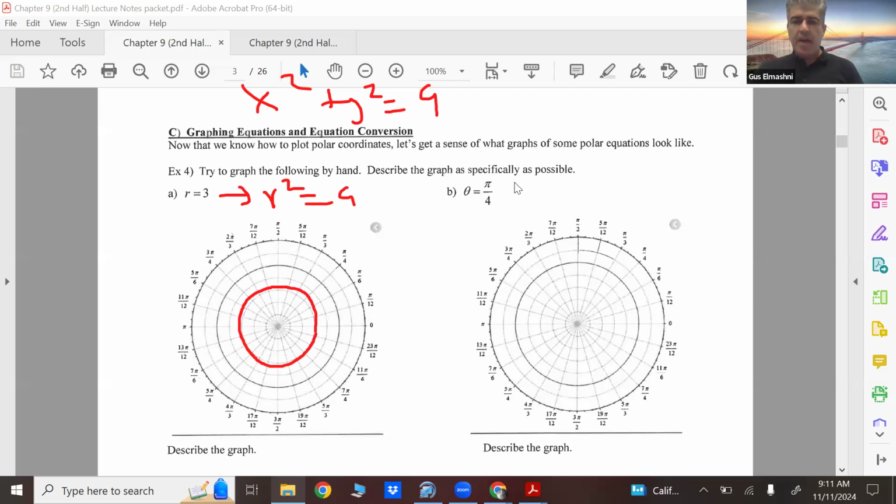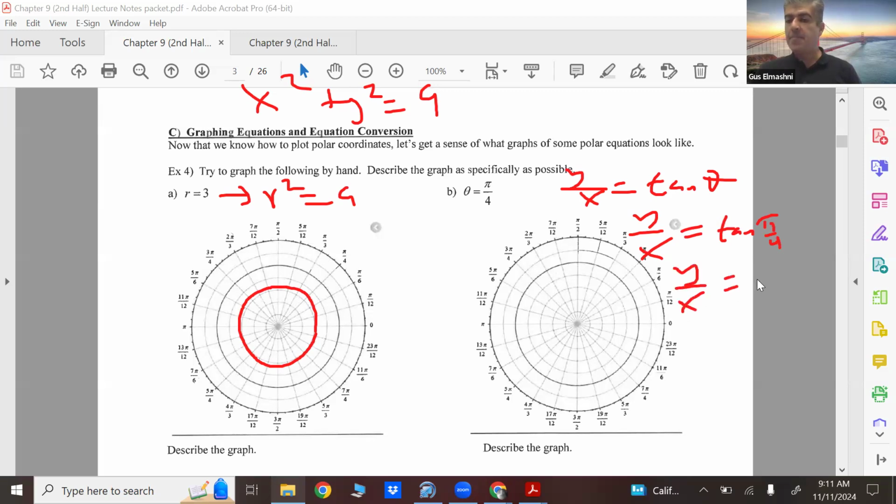Okay, here, you can think of it like this. Y over x equals tan theta, right? So y over x equals what, guys? What's tan pi over 4? Tan pi over 4? It's just 1. So y equals x.